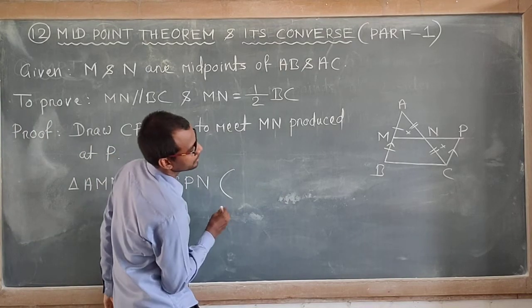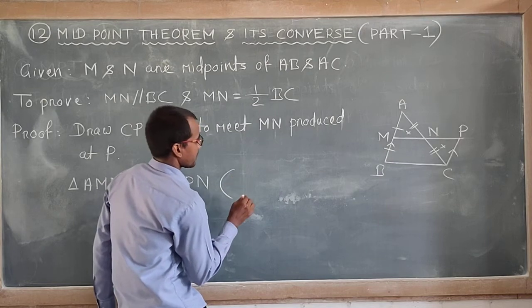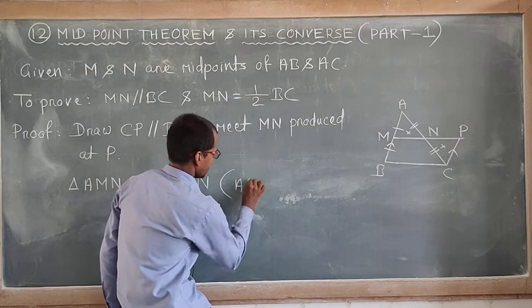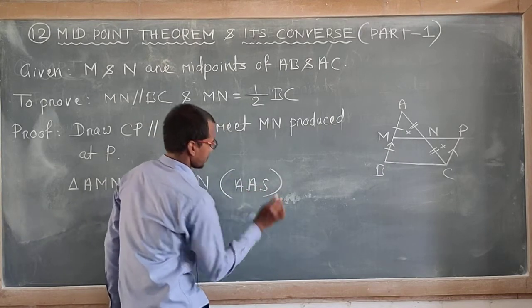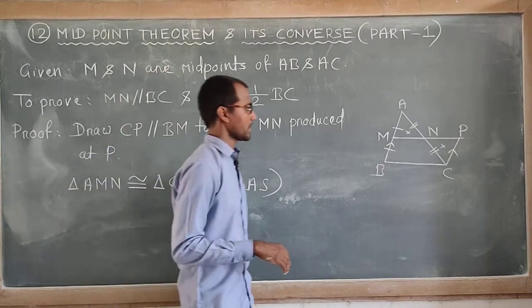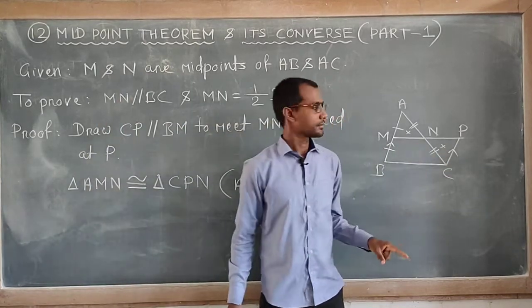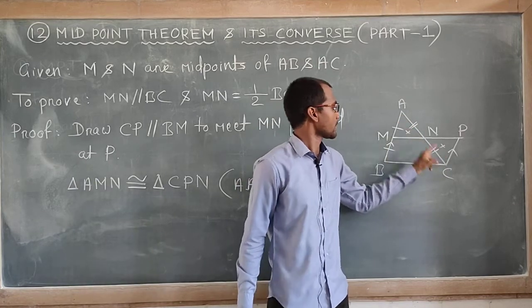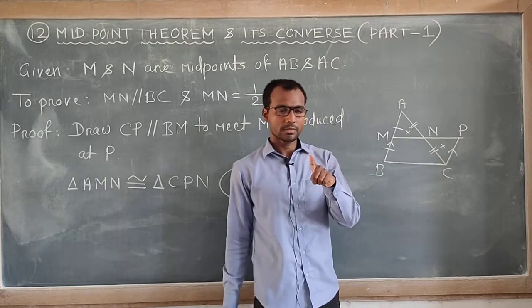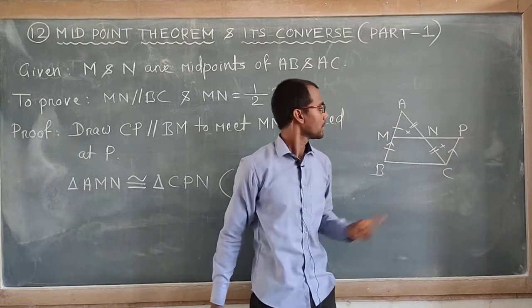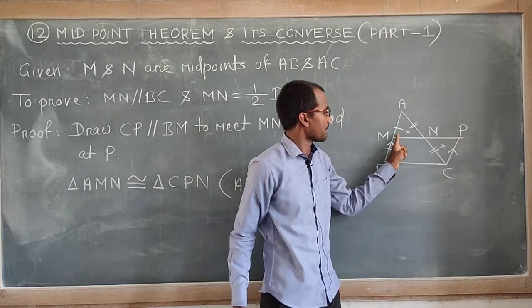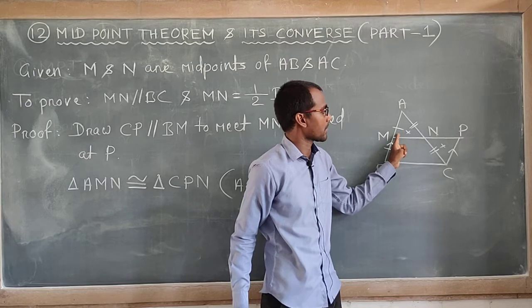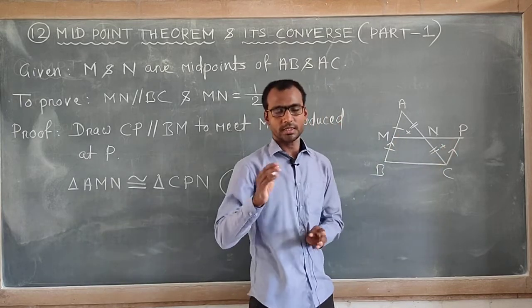By angle side. See here in these two triangles, angle A is equal to angle C, alternate angles because these two lines are parallel. Angle AMN is equal to angle P, again alternate angles.